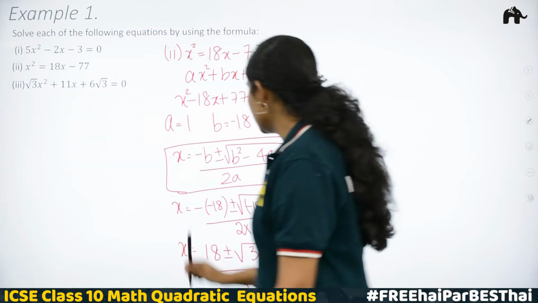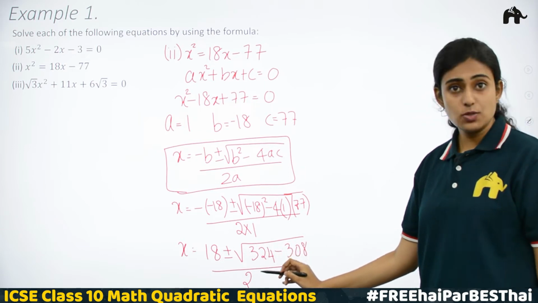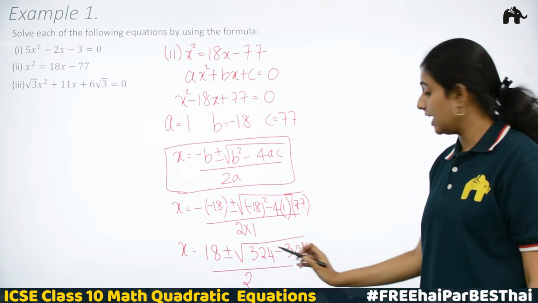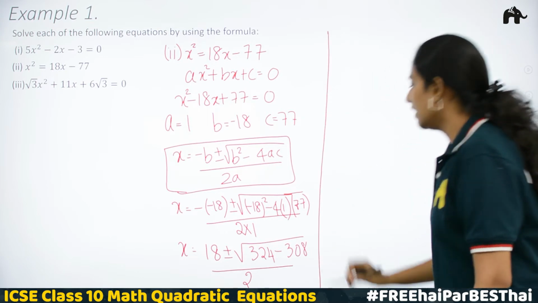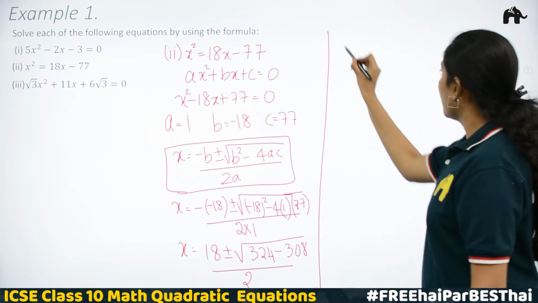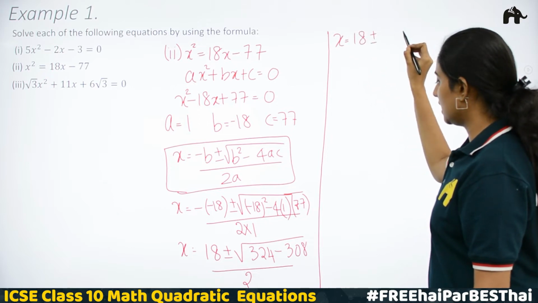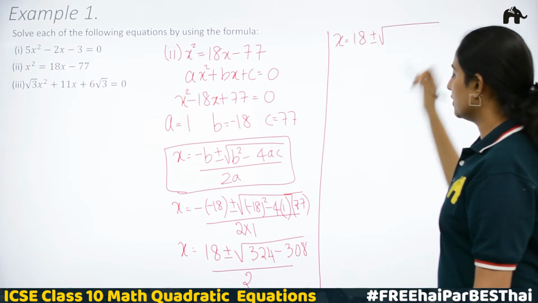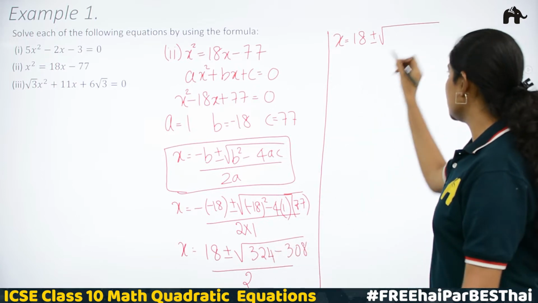x is equal to 18 plus or minus root of 324 minus 308 divided by 2. You will be getting 16.